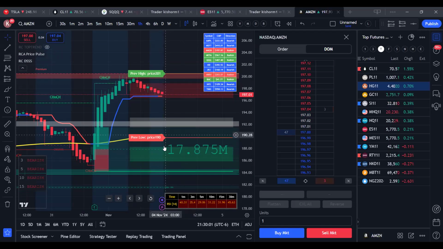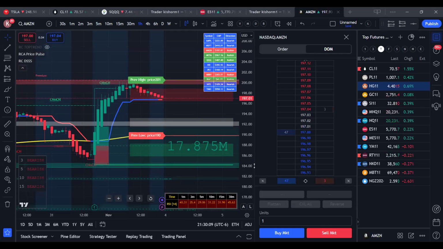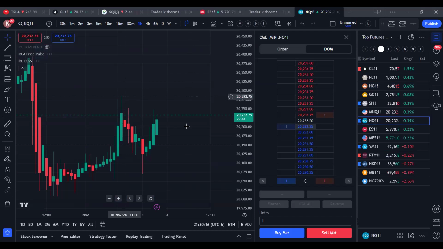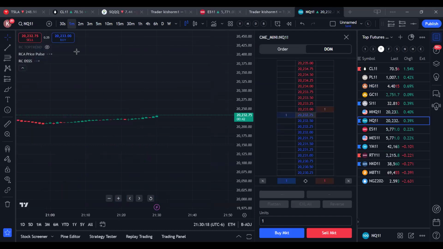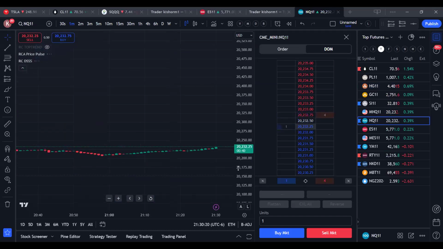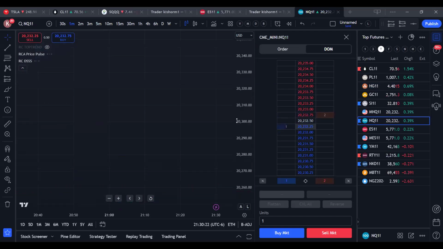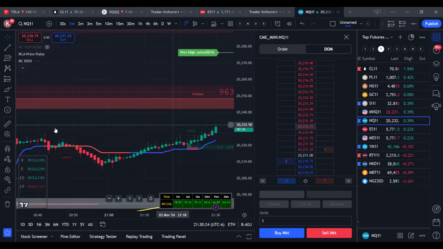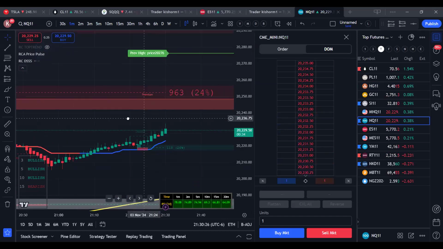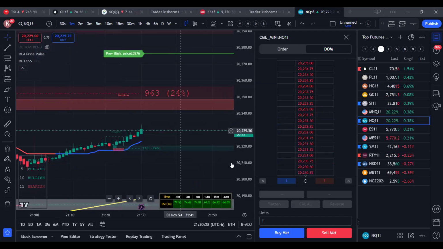When the market opens, they will bring it a little bit down, and then they'll take it up. Yeah, and Q keeps going up. As I said, they will do a double bottom or double top, and then they will bring it down.